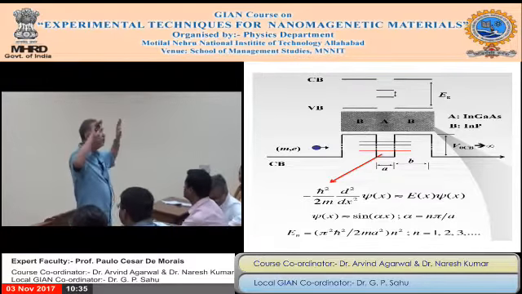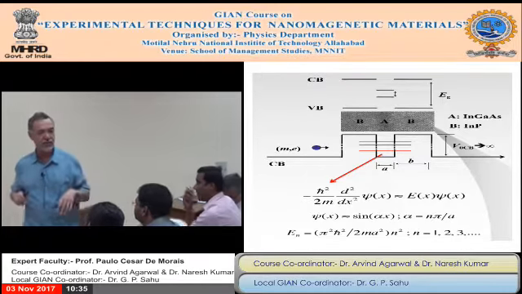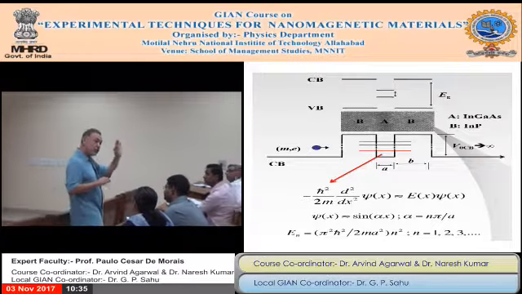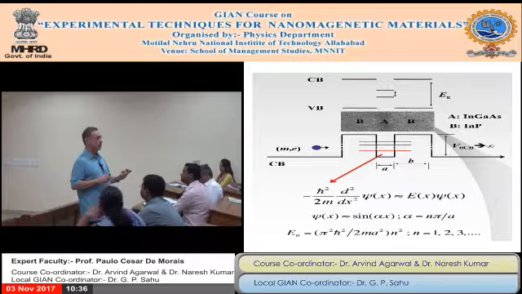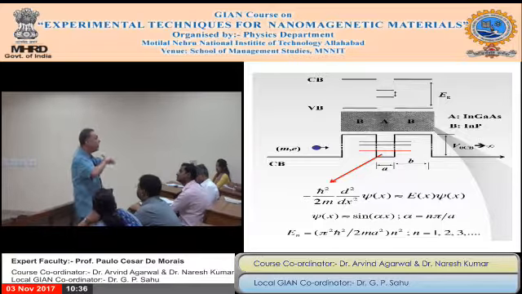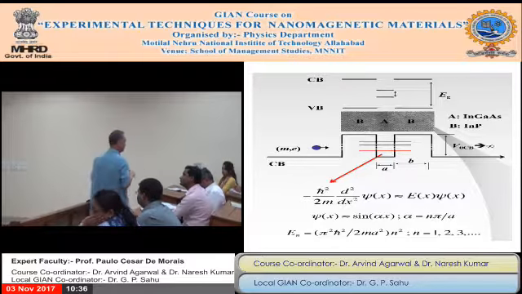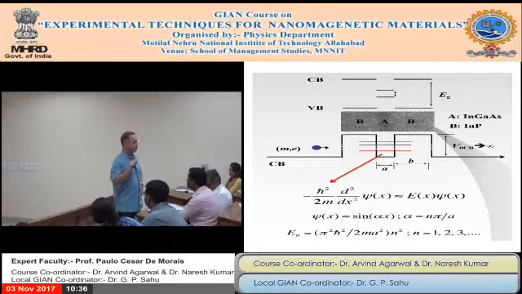1.6 times 10 to the minus 19, something like this, nearby this. But if you take this electron and put it in a solid, now the electron will interact with all atoms in the solid. But this interaction is not trivial to describe.